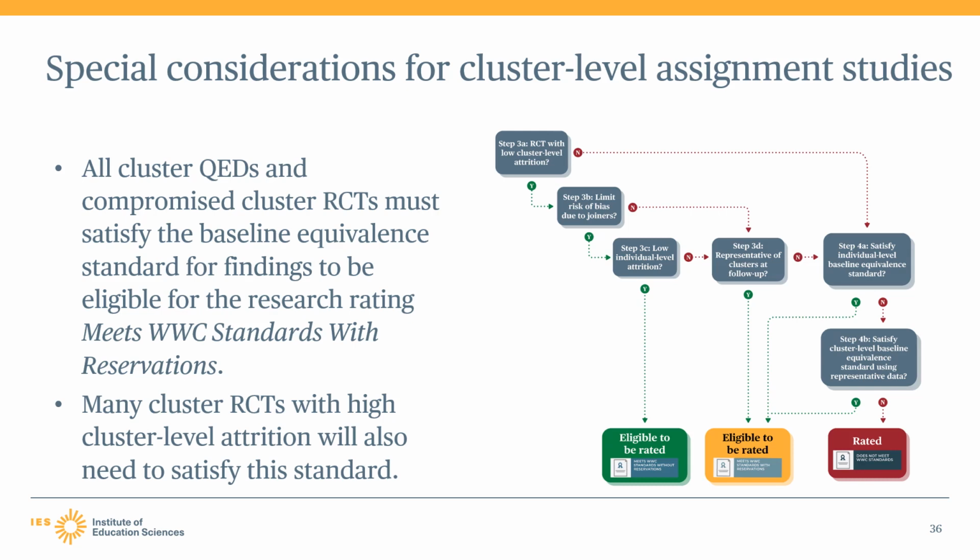In contrast, cluster RCTs with a low risk of bias due to compositional change, meaning they passed steps 3A, 3B, and 3C, and low cluster-level attrition RCTs with demonstrated representativeness, meaning they passed steps 3A and 3D, do not need to satisfy the baseline equivalence standard, assuming random assignment was not compromised.